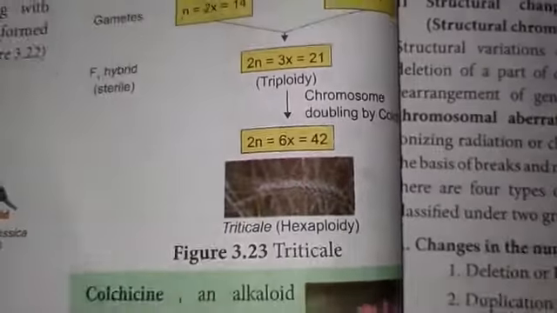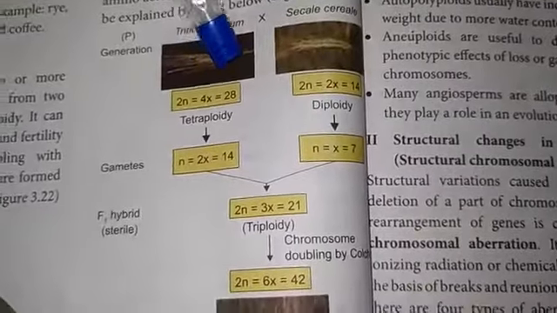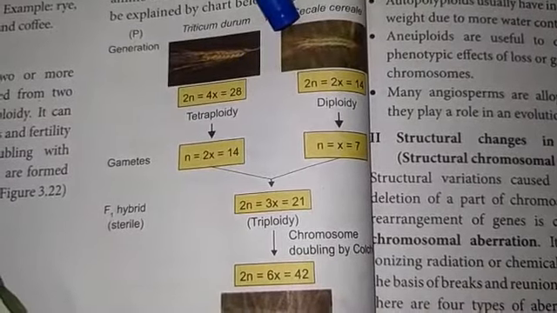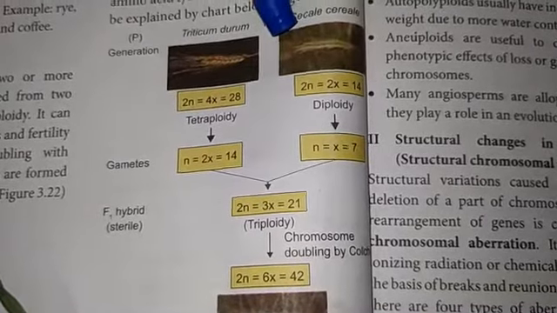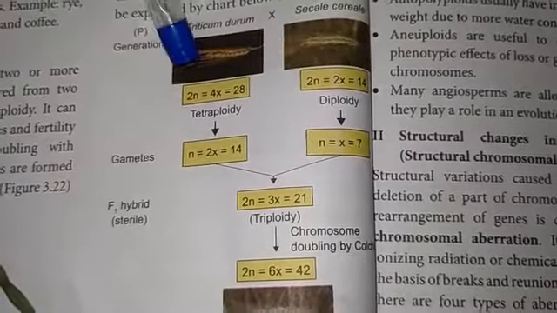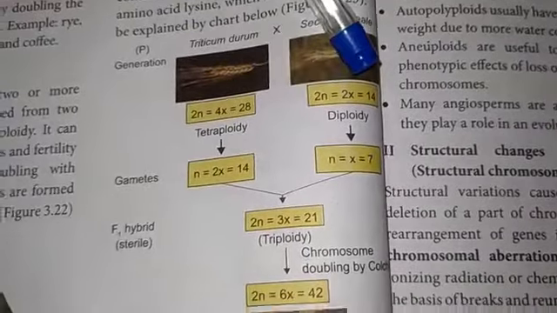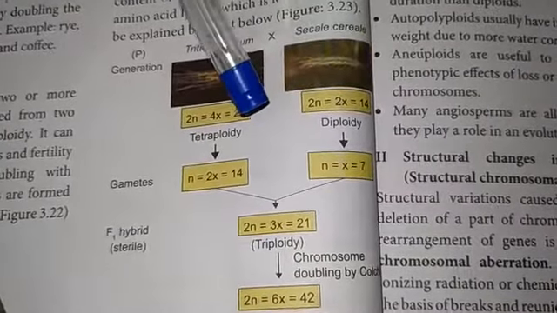It is a cross between a tetraploid wheat, 2n equal to 28, and a diploid rye variety, 2n equal to 14. Here the chromosome number is changed. Wheat 2n is 28, in rye 2n is 14.